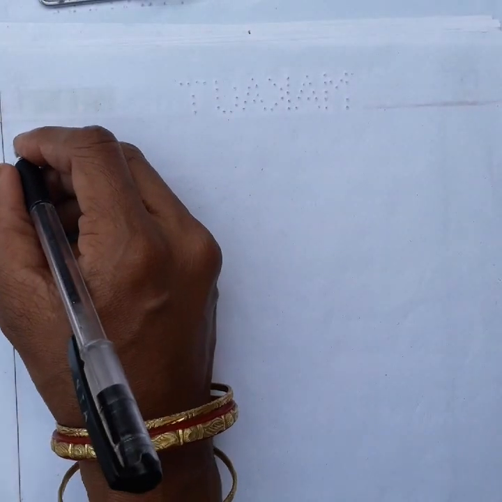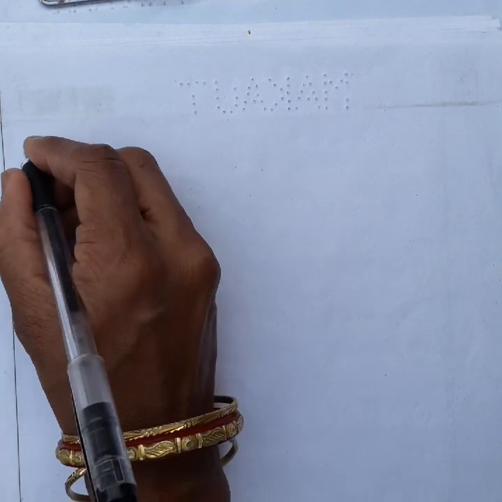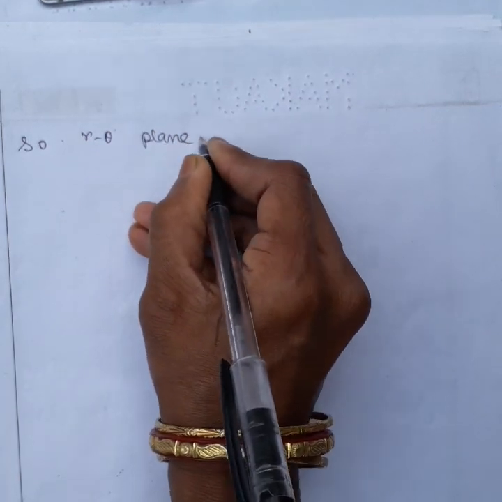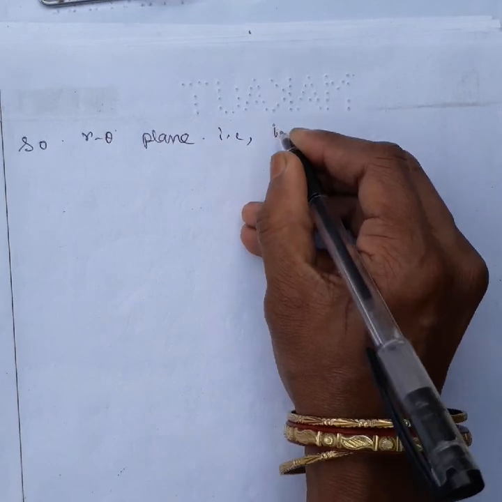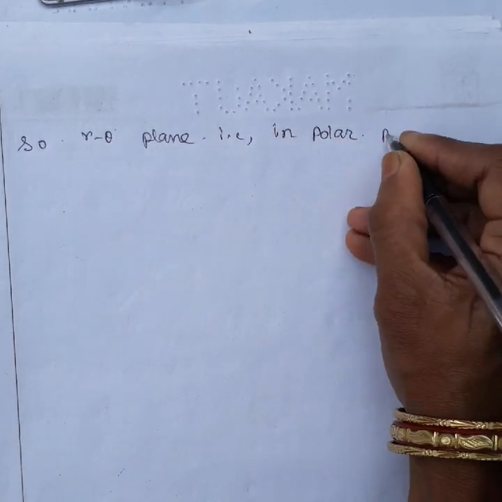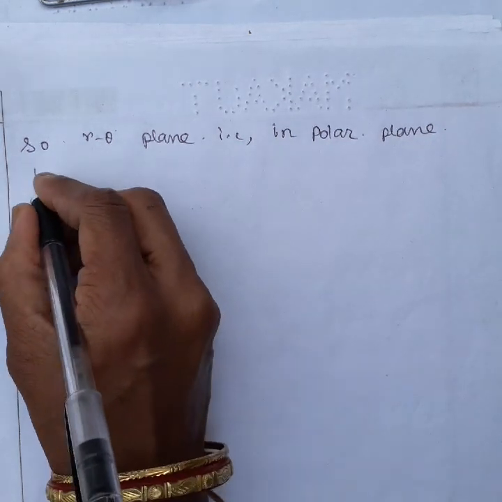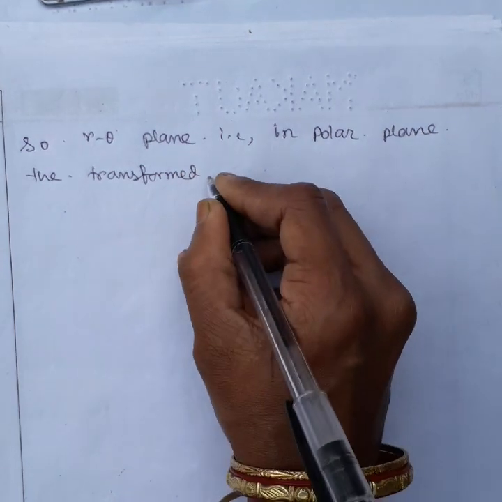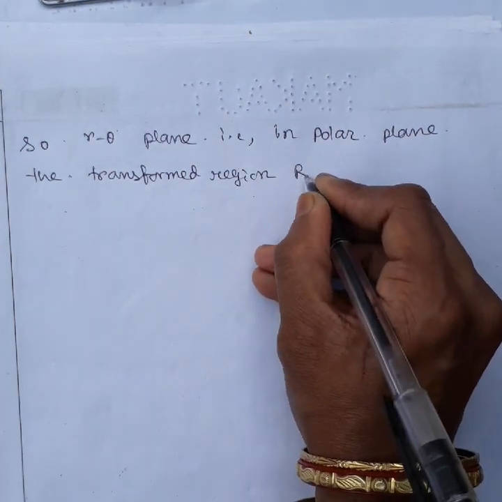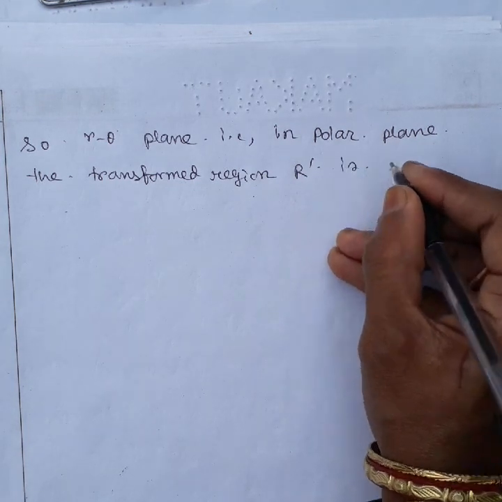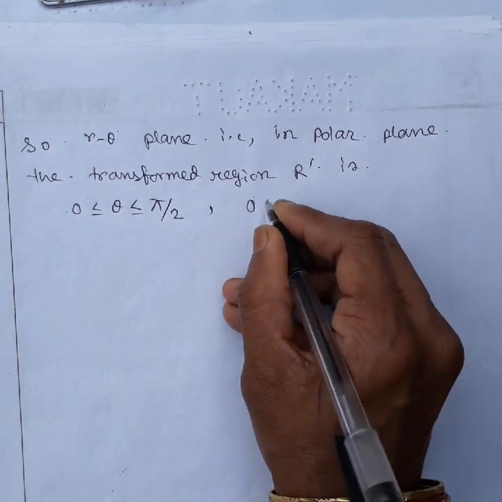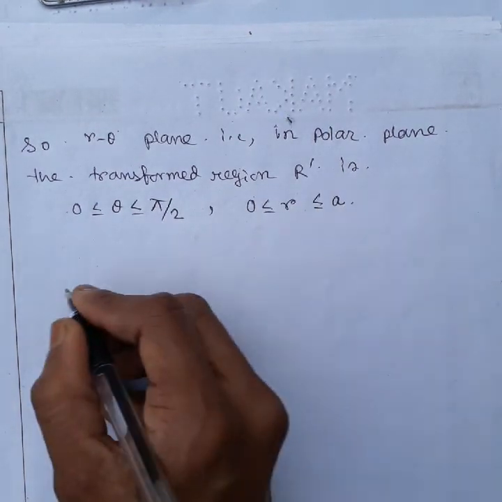Then in the r theta plane, that means in the polar plane, the transformed region R dash is 0 less than or equal to theta less than or equal to pi by 2 and 0 less than or equal to r less than or equal to a.